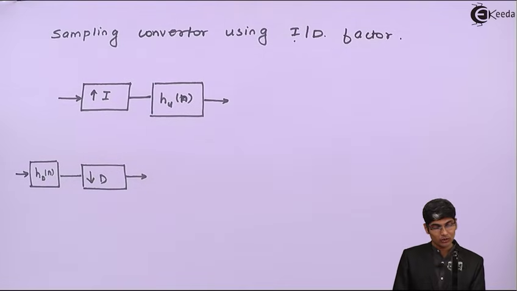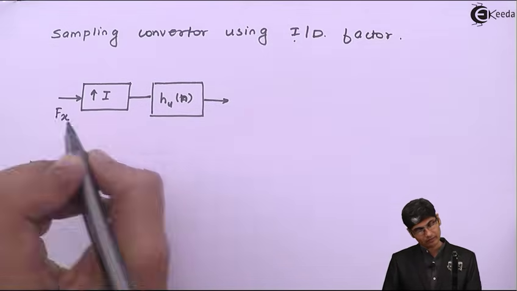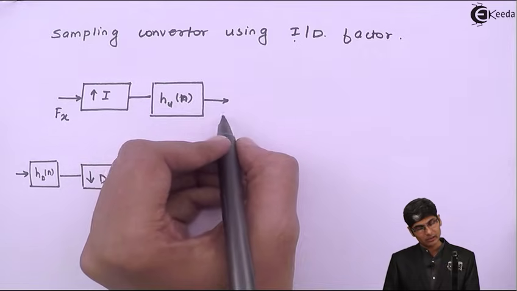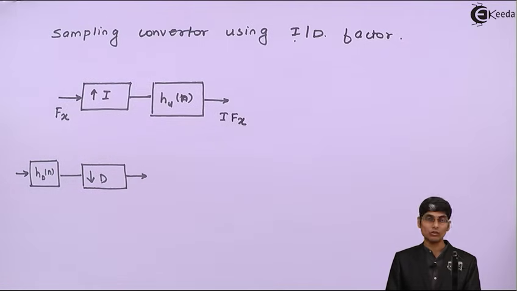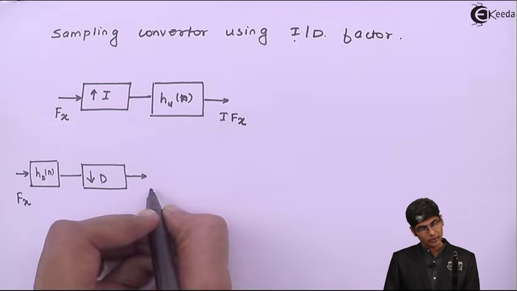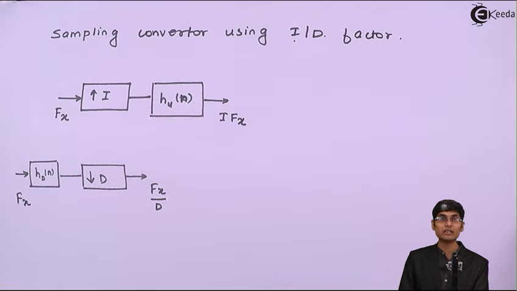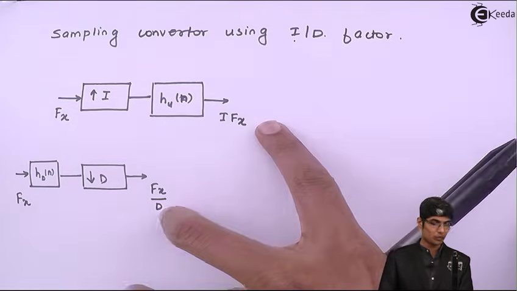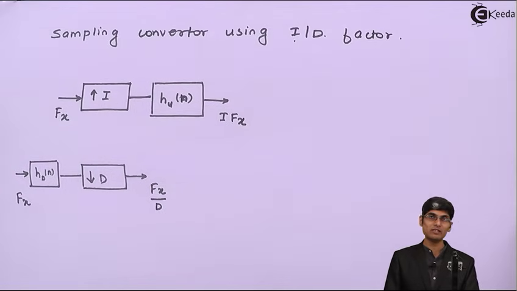We know that here if I put fx, I am going to get I times fx, which is fy. Here, if I give fx, I am going to get fx by D at the output. Correct? If we multiply these two, I am going to get I over D times fx, isn't it?